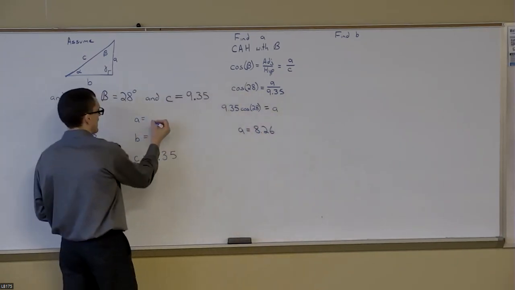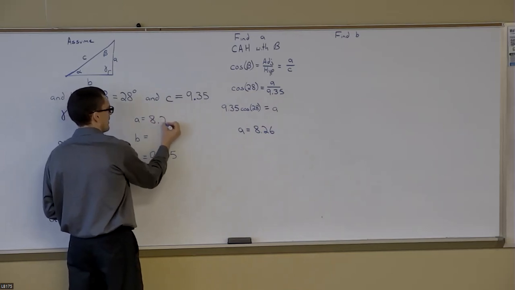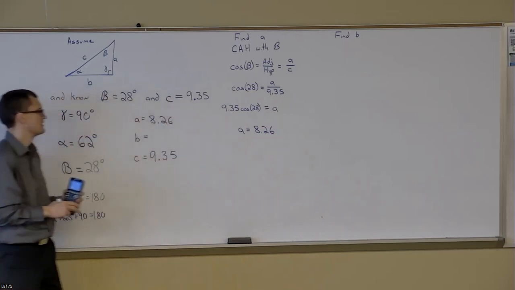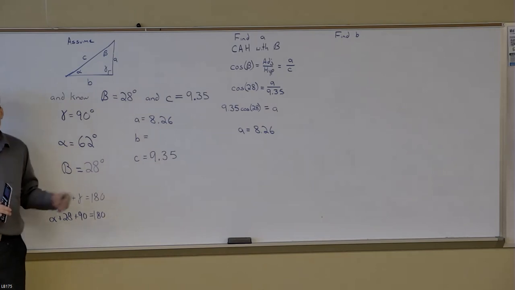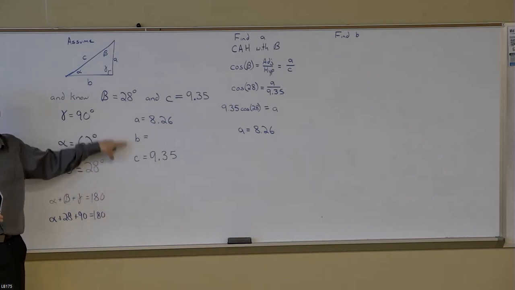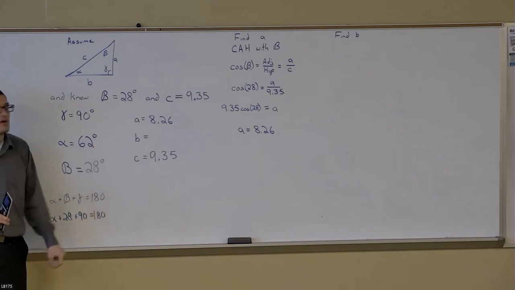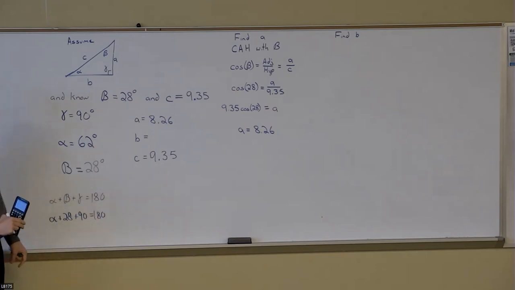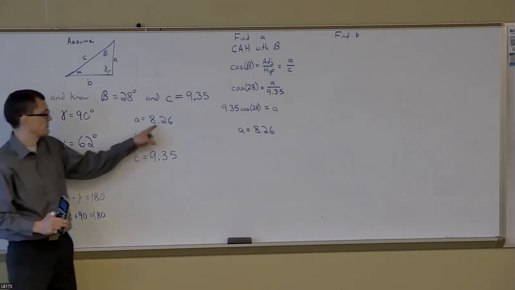So then I can go back, fill that in. Now, if I wanted to, I could use the Pythagorean theorem, a squared plus b squared equals c squared, and then solve for b right here. But I think that I will use SOHCAHTOA again to find b. That way, I don't have to use this rounded number.